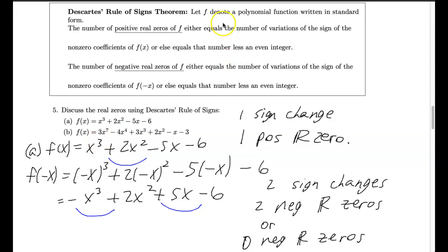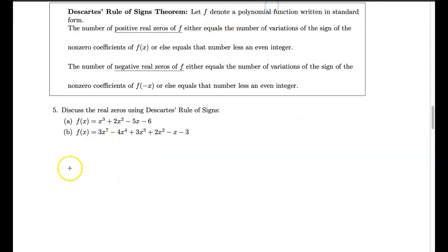Alright, so let's look at part B. Let's go ahead and count the sign changes just from the function here. It's changing once, twice, and 3 times. So that's 3 sign changes.